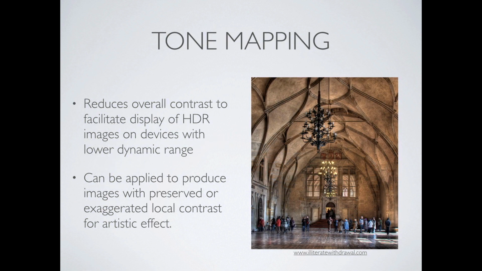Tone mapping is essentially the way that we take this high dynamic range image with all this information in it and we break it down into something that we can see, something that looks nice, something that's graphic. So we're simplifying it a little bit.